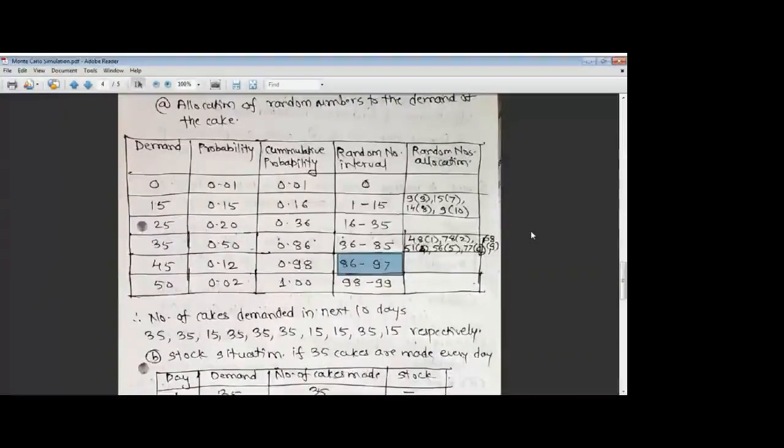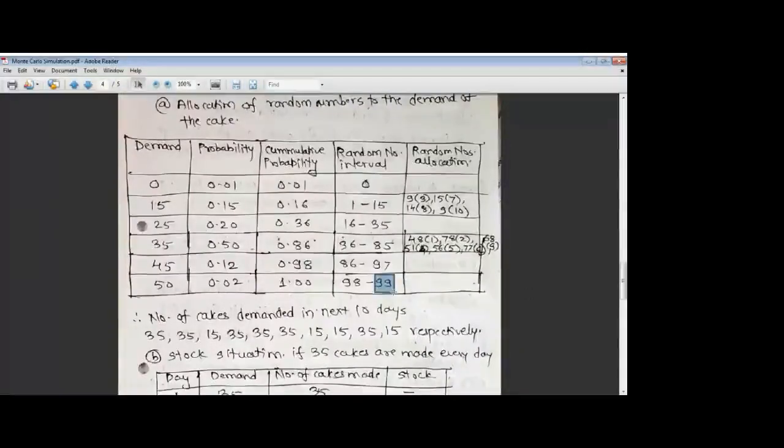These are the 12 numbers we have allocated. Now we have the probability as 2, so we allocate only 2 random numbers here, which happen to be 98 and 99.